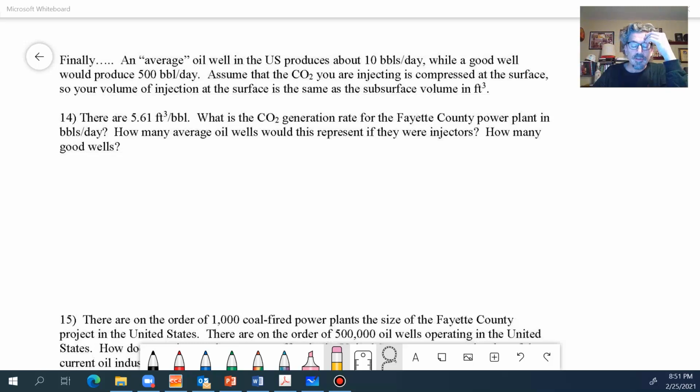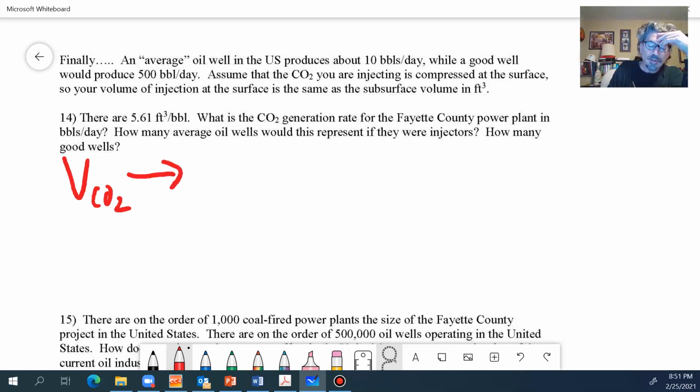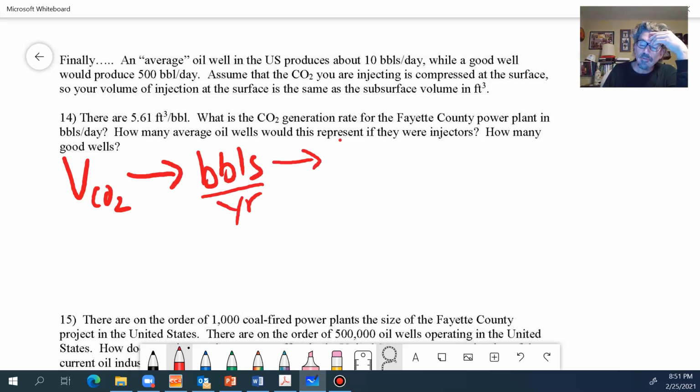So the last part of this is to take your volume of CO2 and convert it into barrels, and then knowing that that's barrels per year, convert that into barrels per day.